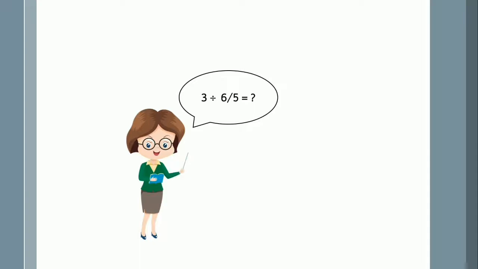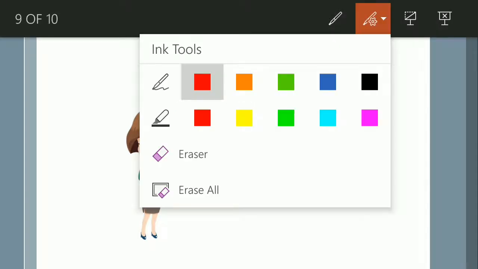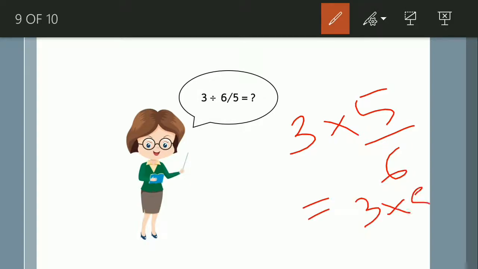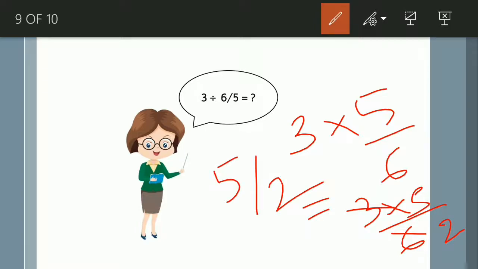Okay, so tell, 3 into what will be the reciprocal of 6 by 5? Yes, Rohit. Good. 5 by 6. So, simplify it. 3 into 5 by 6. Simplify. What will be the answer? 5 by 2. Good.